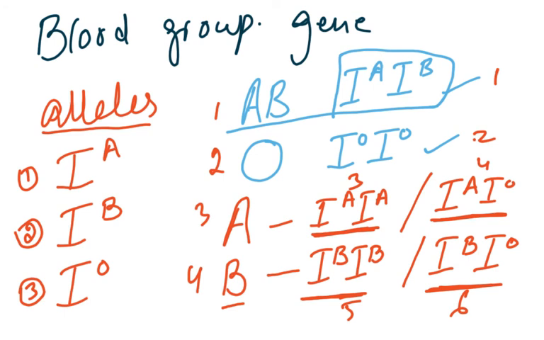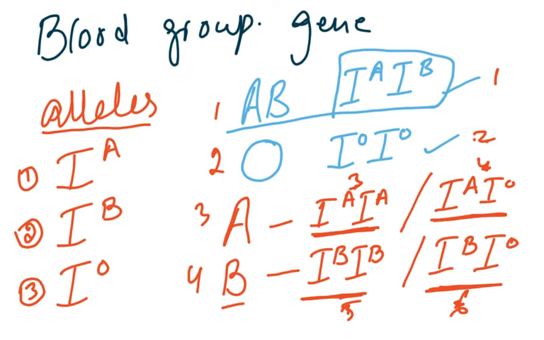So the blood group alleles are 3. We have 4 phenotypes, 4 different types of blood groups, but we have 6 different types of genotypes. 1, 2, 3, 4, 5 and 6 different genotypes.